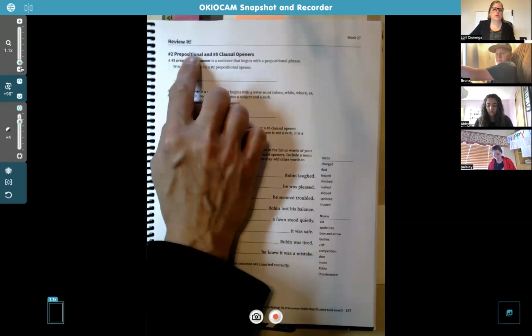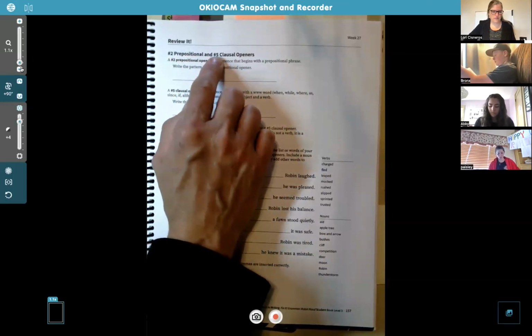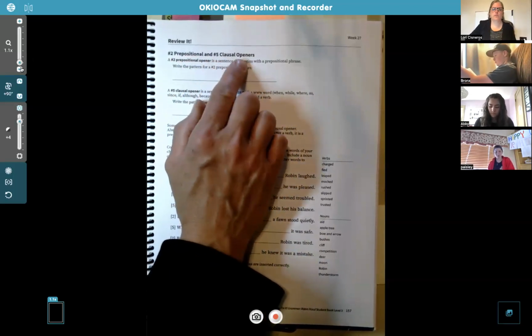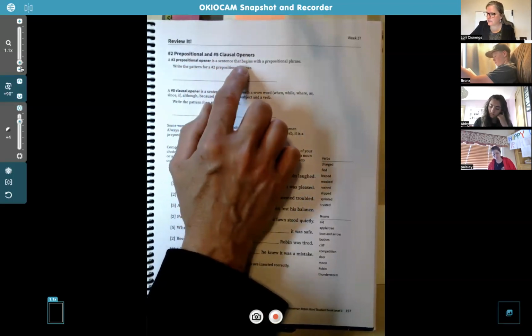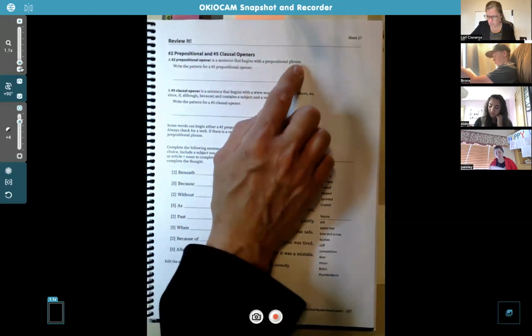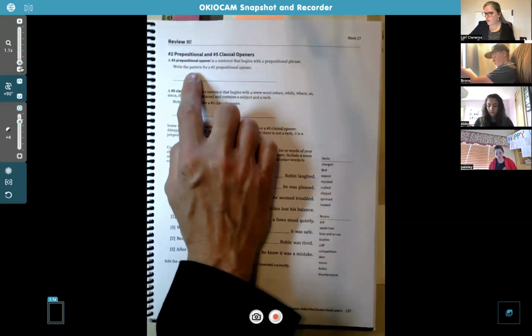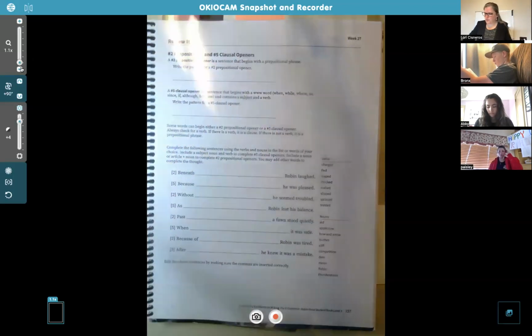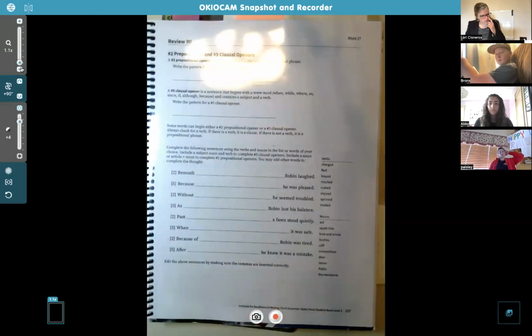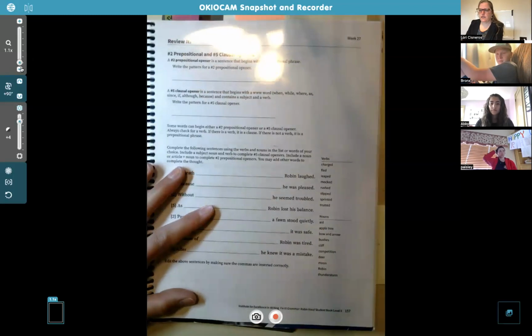So the number 2 is the prepositional opener, and the number 5 is the clausal opener. So a number 2 prepositional opener is a sentence that begins with a prepositional phrase. Write the pattern for a number 2 prepositional opener. So the pattern for a prepositional phrase is, oops, let me fix my light here.